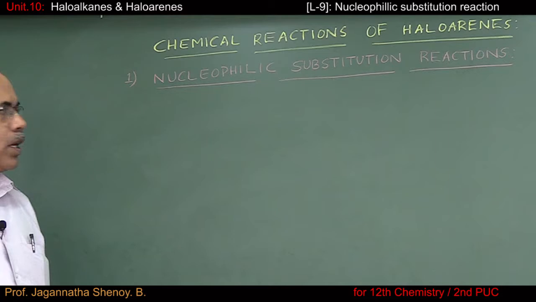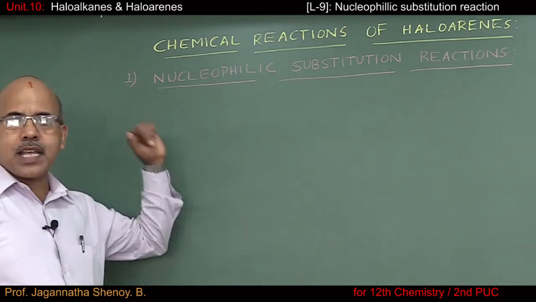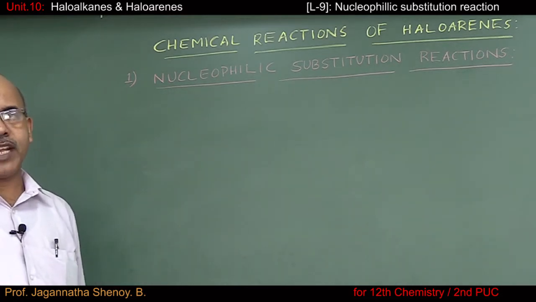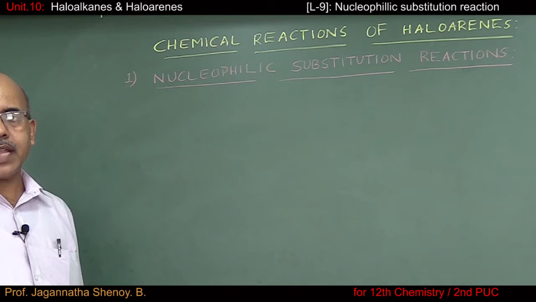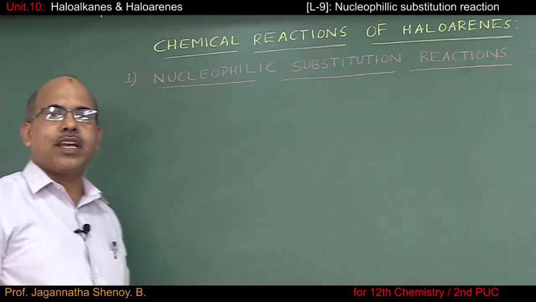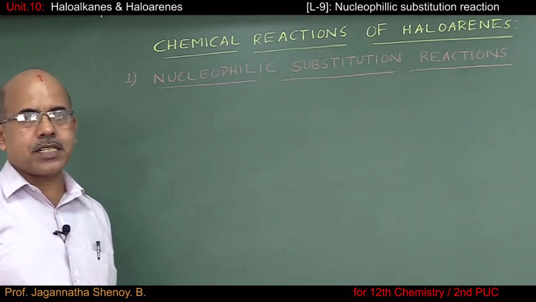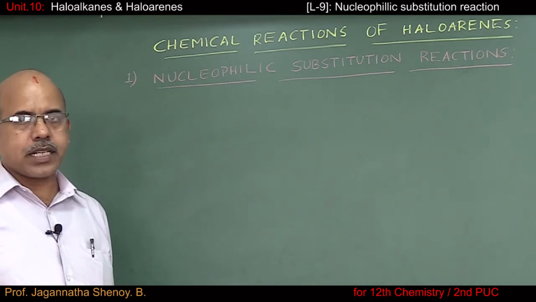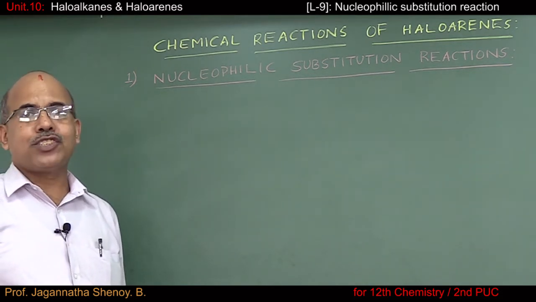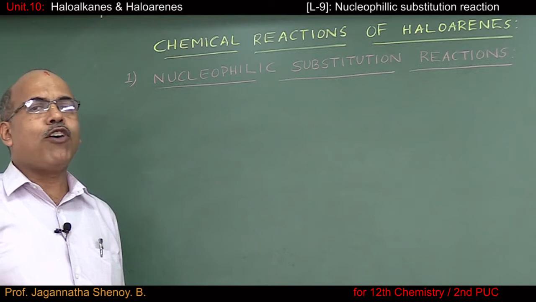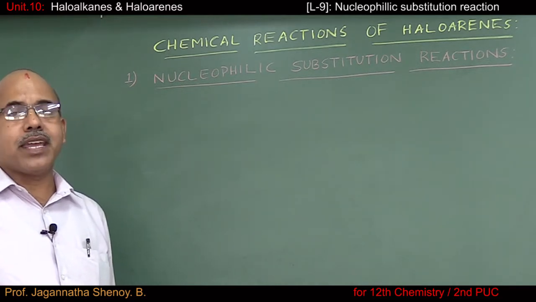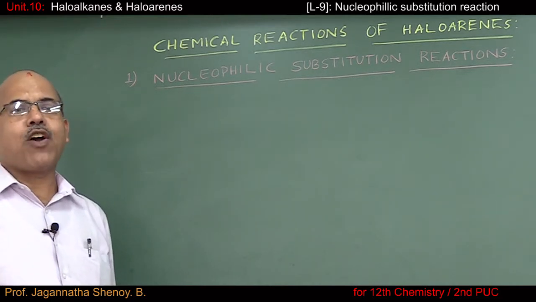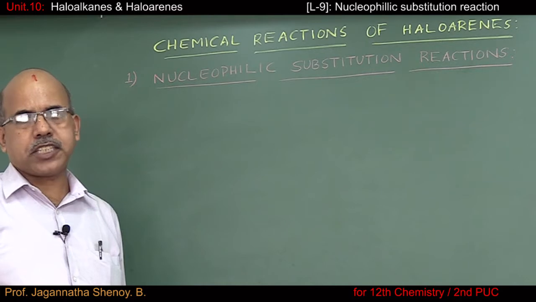Just now I told you that haloarenes are unreactive towards nucleophilic substitution reactions. Hence, if we want to carry out nucleophilic substitution reactions, we have to go for drastic conditions. When I say drastic conditions, I have to go for a stronger reagent, higher temperature, higher pressure, and I have to carry out reaction for longer duration.